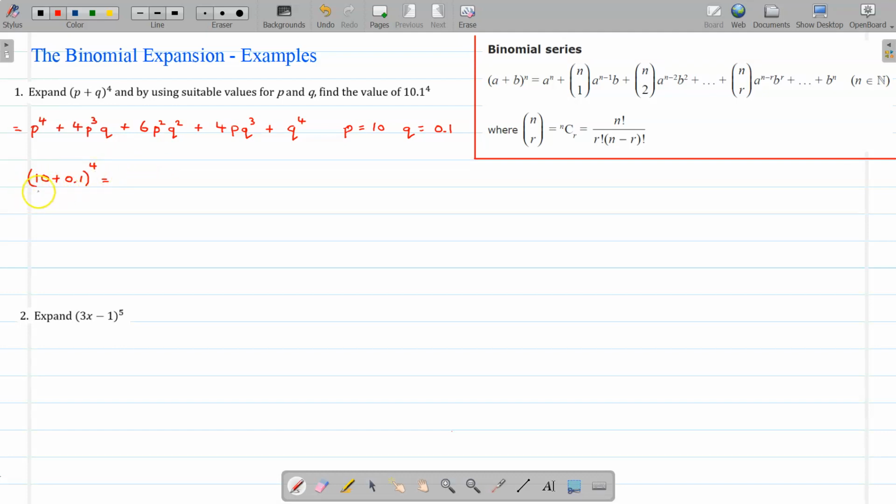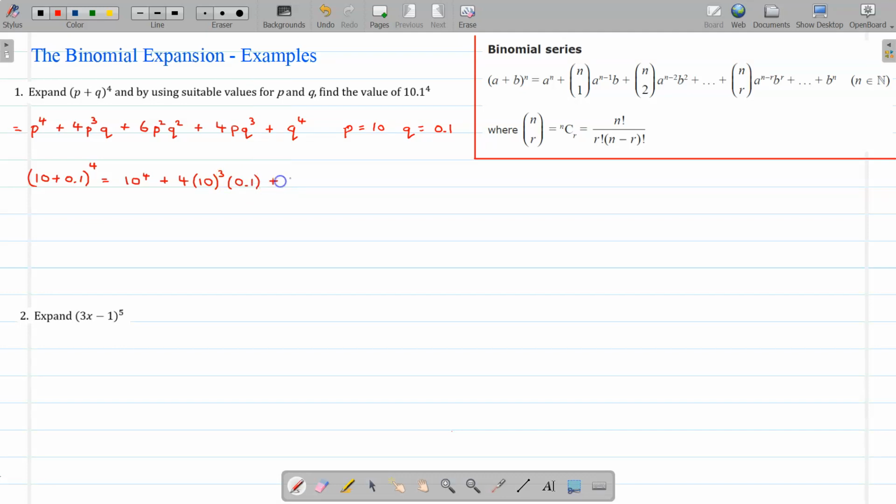So the p is 10, so we start by writing 10 to the power 4, plus 4 lots of 10 cubed multiplied by q, which is 0.1.